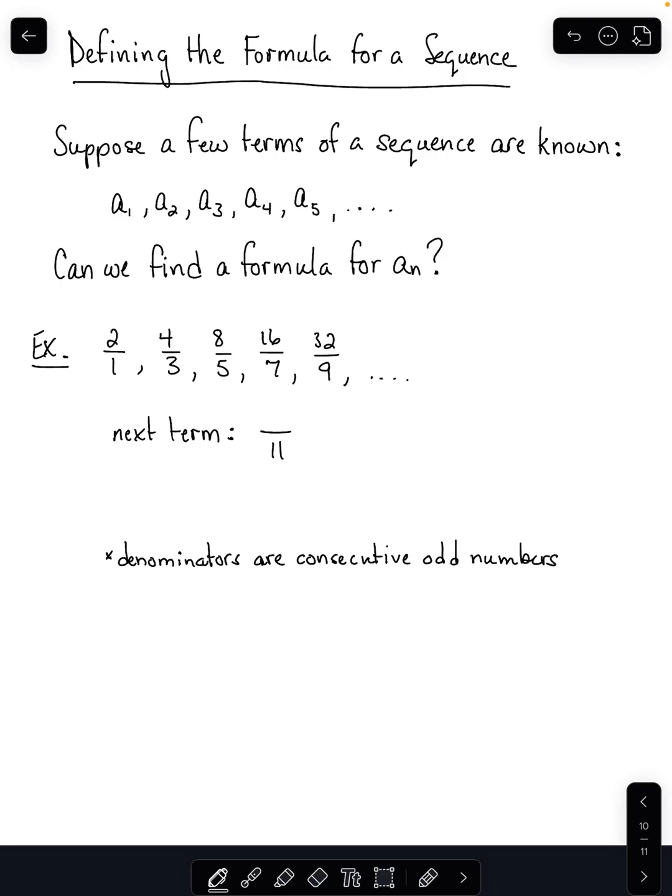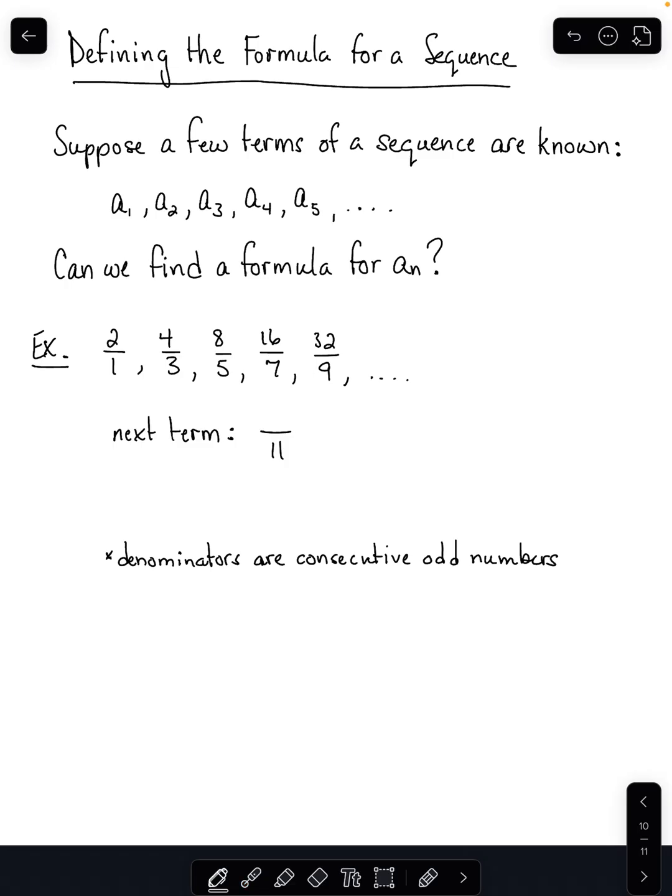The numerators might not be quite as obvious in this case, but they're still not all that hard to notice. They are powers of 2. 2 to the first power, 2 to the second power, 2 to the third power, 2 to the fourth, 2 to the fifth.